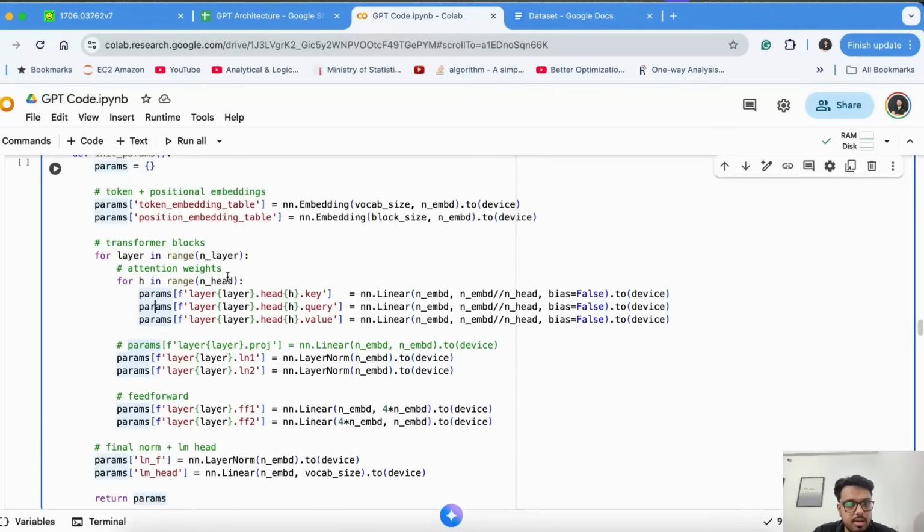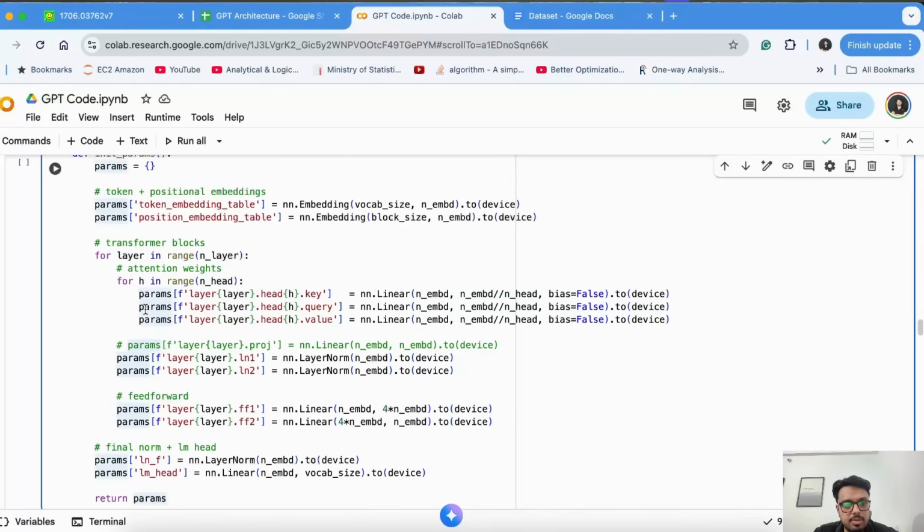Within each layer, we then have a nested loop which factors in the number of heads. For our case, there is only one layer and two heads. So we will be defining the weights for each head.